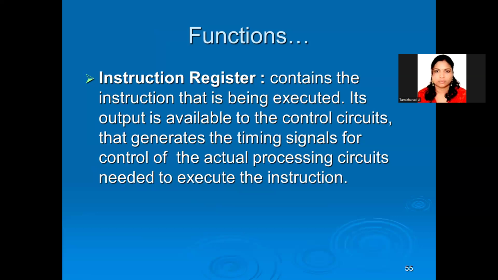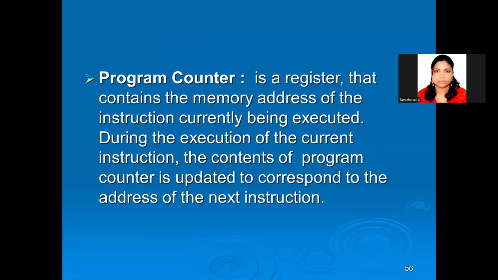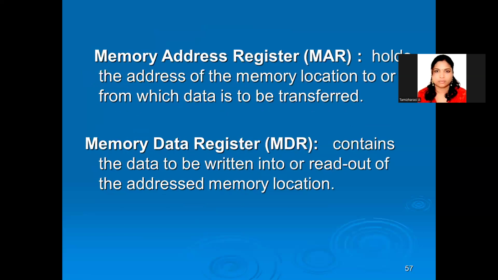As I told you, IR has the instruction that is being executed, and the program counter has the address of the next instruction to be fetched. Once the instruction is moved to the instruction register, the program counter will be incremented to point to the next instruction.